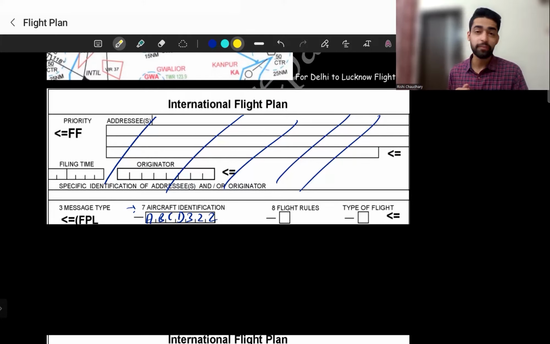Now let's come to item number 8. Item number 8 deals with flight rule. Flight rule is nothing but how a pilot wants to fly the aircraft, whether with the help of his eyes or with the help of instruments he has.